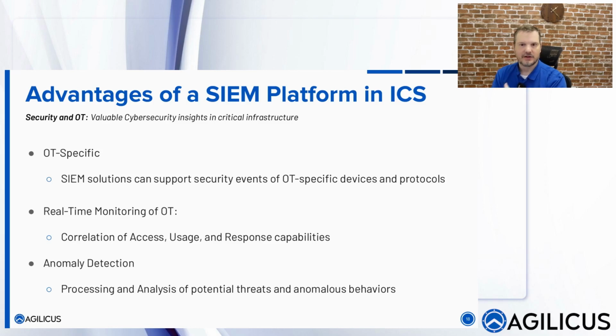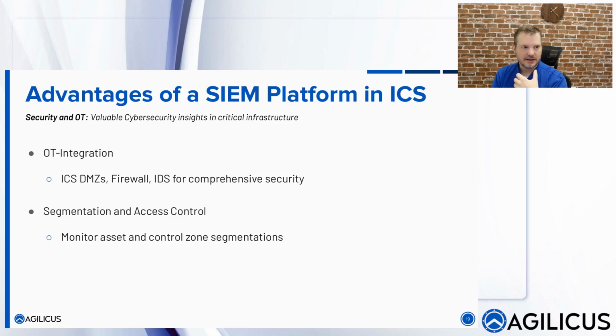We also have integrating the SIEM tool into the OT. Whether we have DMZs with firewall rules, understanding when these firewall rules are either stale or aren't part of our workflow to remove them, for example. Understand all the logging of an IDS. And lastly, very important in our manufacturing zones or industrial control zones, is understanding the concept of segmentation.